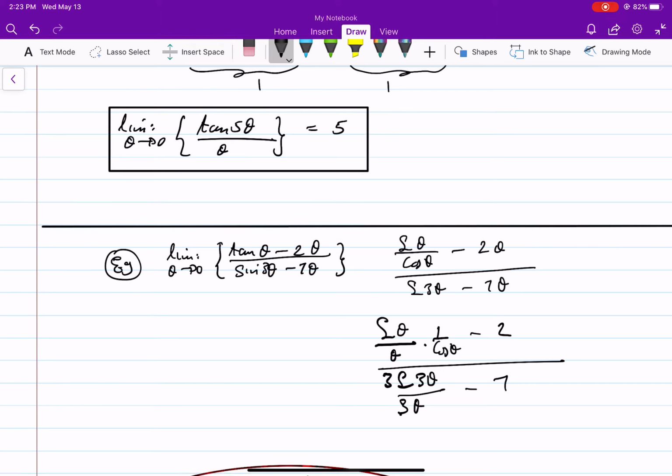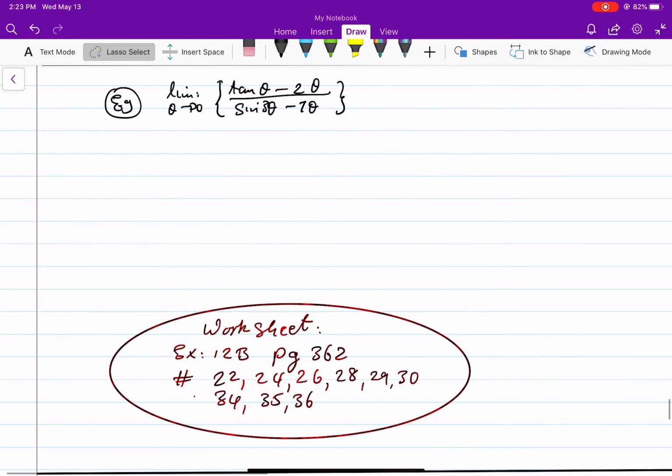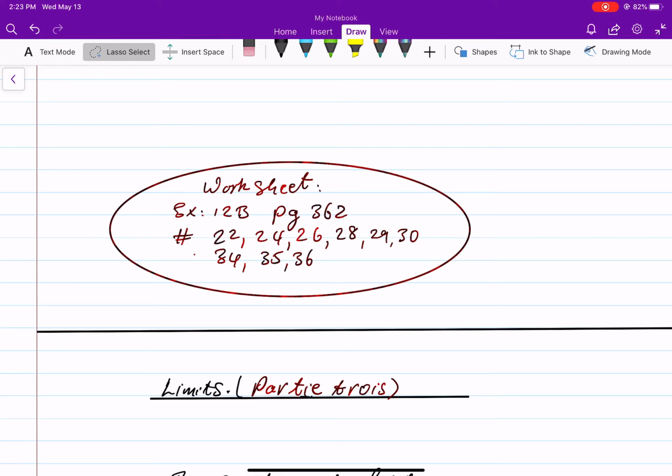Okay. The limit as theta approaches 0 of tan theta minus 2 theta upon sine 3 theta over 7 theta. Interesting. Yes, I made myself a note for this one as well. Let me remove this note because I pretty much know how to handle it. Give myself a little more space.